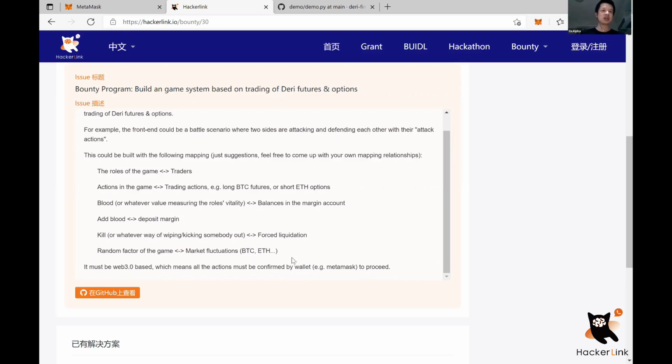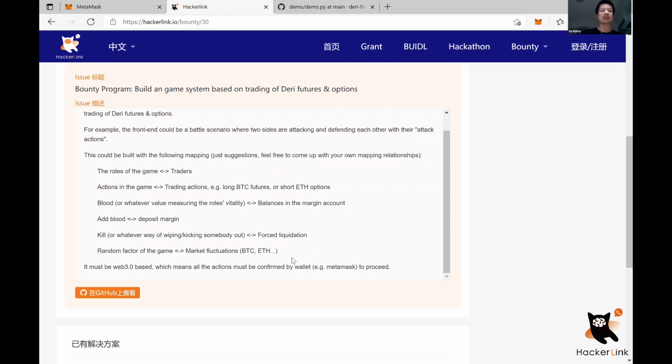so that this can be mapped. Ultimately, you only build a front end which interprets what's happening in Deri's trading pool in your own way, interpreted in your gaming context.